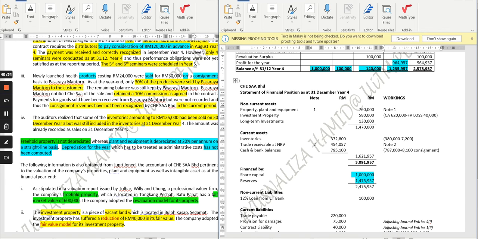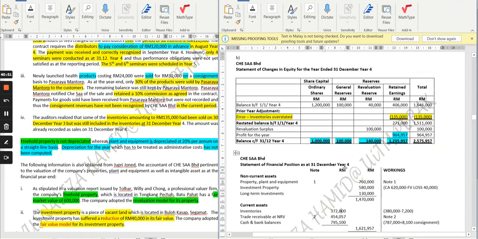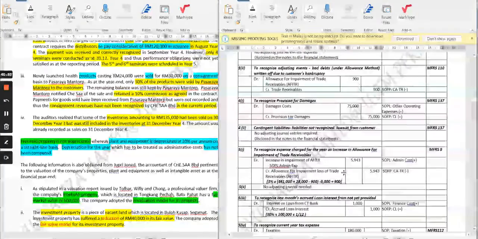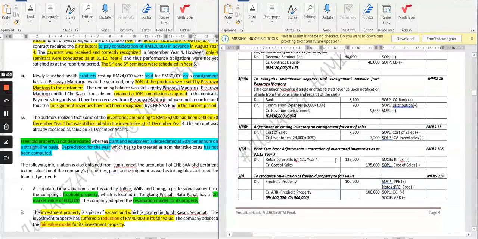So that reduced the carrying amount down to 580. Long-term investment, no reduction, no changes. Inventories, 380,000 minus 7,002, which is what you have adjusted earlier, right, in your journal entry here. Adjustment on closing inventories for item 1.3.